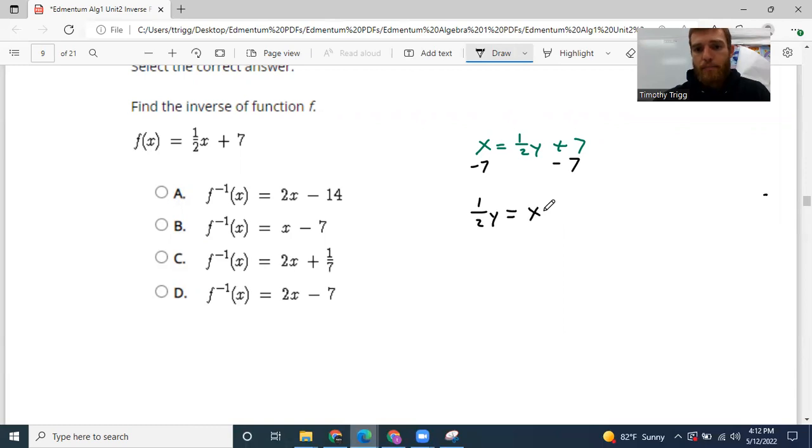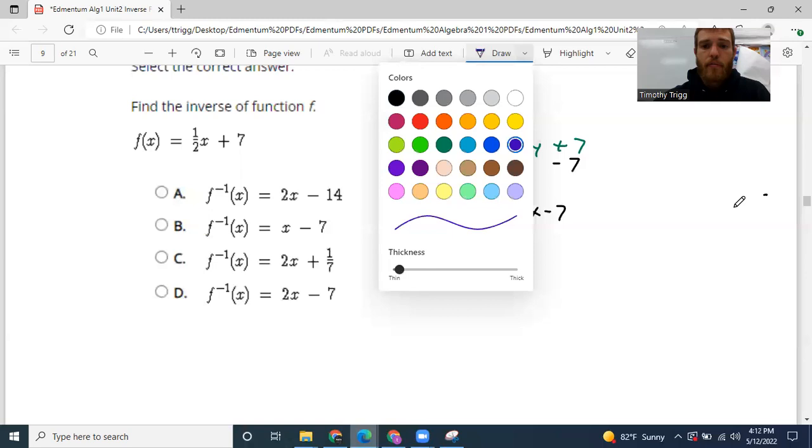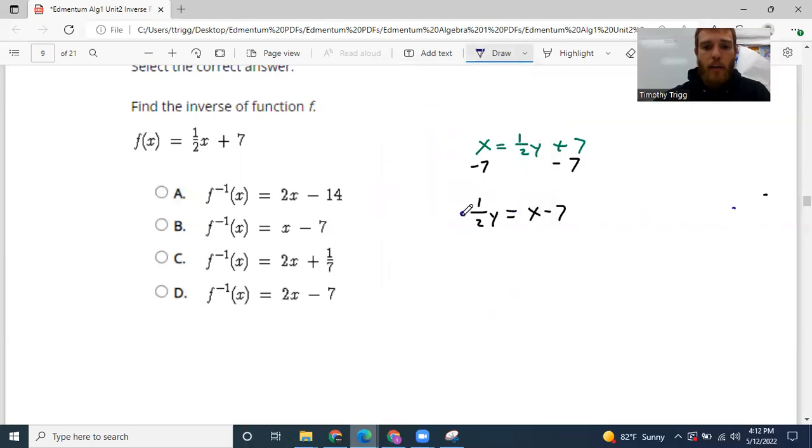X minus 7 here. Then to get rid of the 1/2, we're going to multiply by the denominator. So multiply by 2, and multiply this side also by 2. This cancels here, leaving us with y. Then distribute this 2 here to find the inverse function.